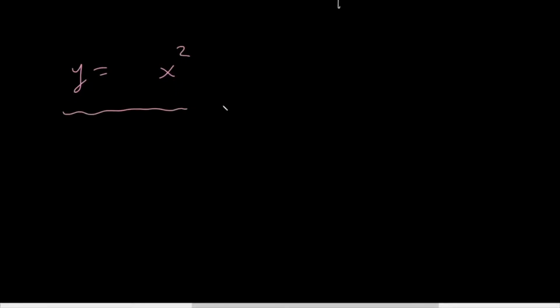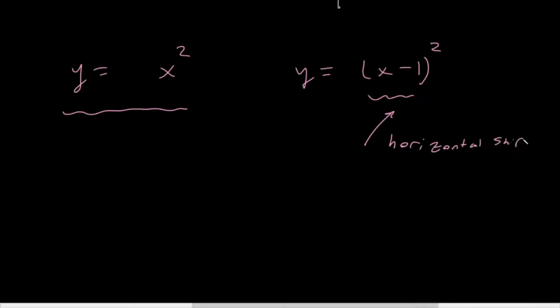This is one, and consider if I have this, this is a horizontal shift when it's on the inside of the parentheses. Before, the vertical shift is on the outside, right? If it's positive, it goes up. If it's negative, it goes down. Horizontal shift is backwards.